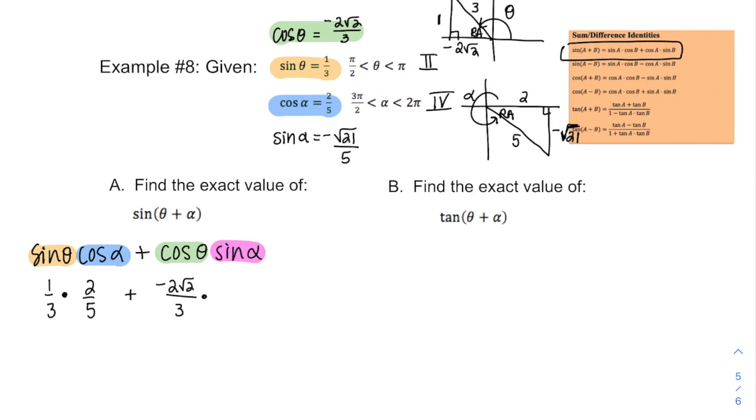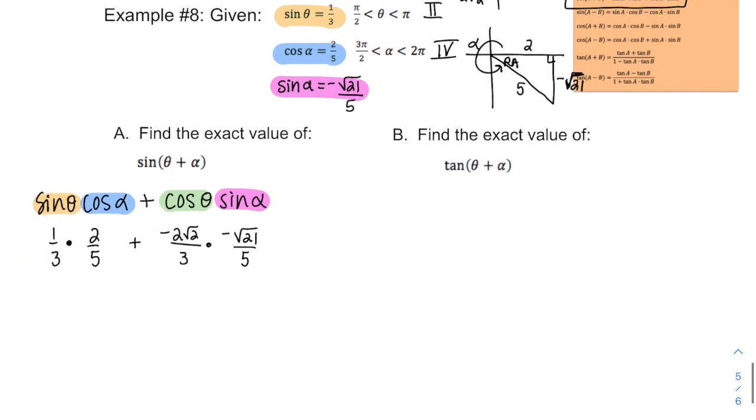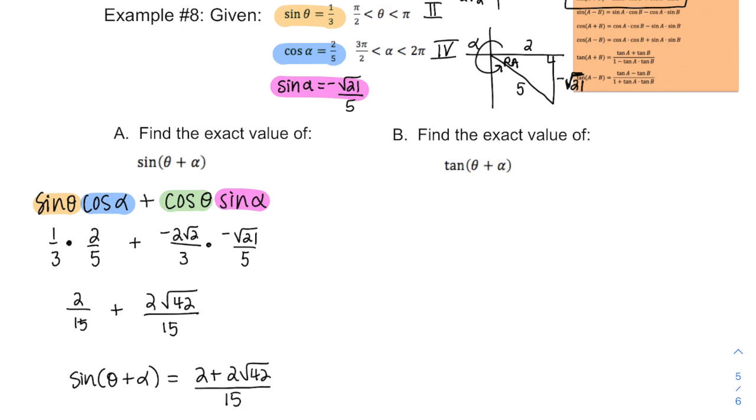So sine alpha, I can put negative radical 21 over 5. So I'm able to use the exact values from my triangles to help come up with an exact value for this sum. Now if I clean this up, I get 2/15 plus a positive 2 radical 42 over 15, which means sine theta plus alpha must equal 2 plus 2 root 42 over 15.